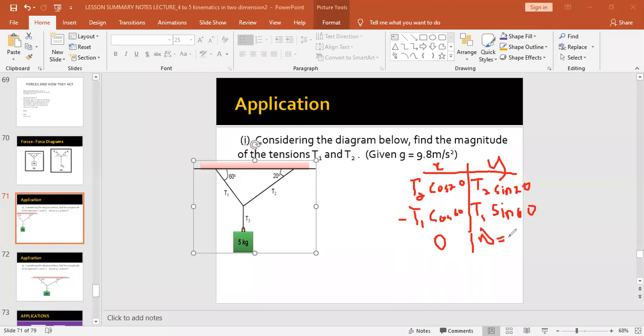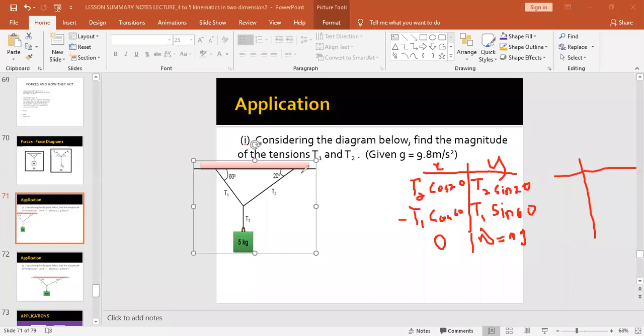M times G, that will be MG. We know M is 5. Whilst I'm writing the equations, you also have to be finding the sine 20, the cos 60, and those things for me. We have to rewrite it again. What we do here is to apply Newton's second law of motion.